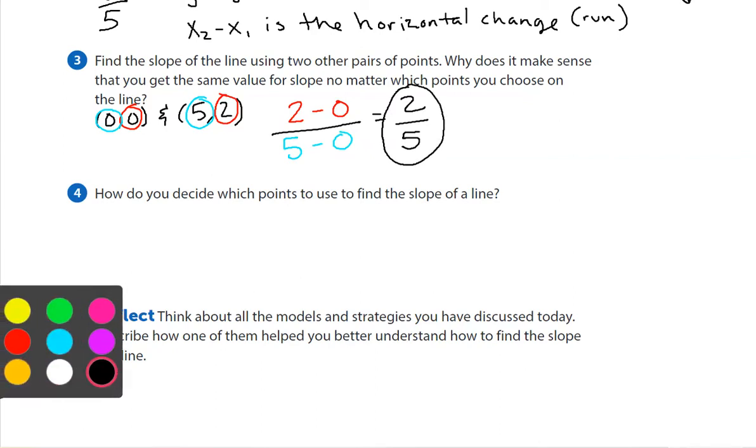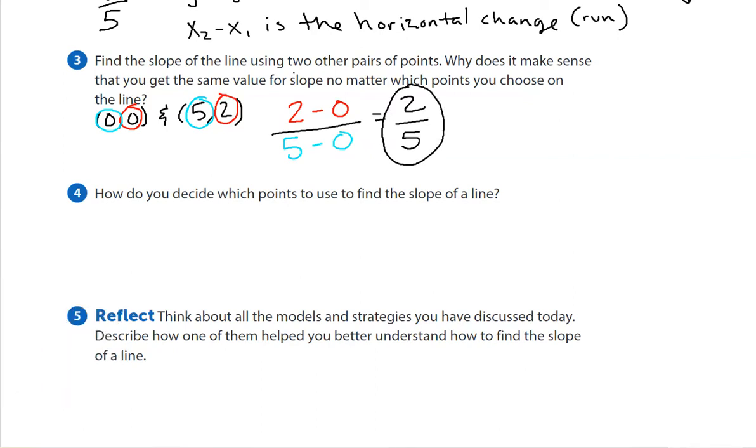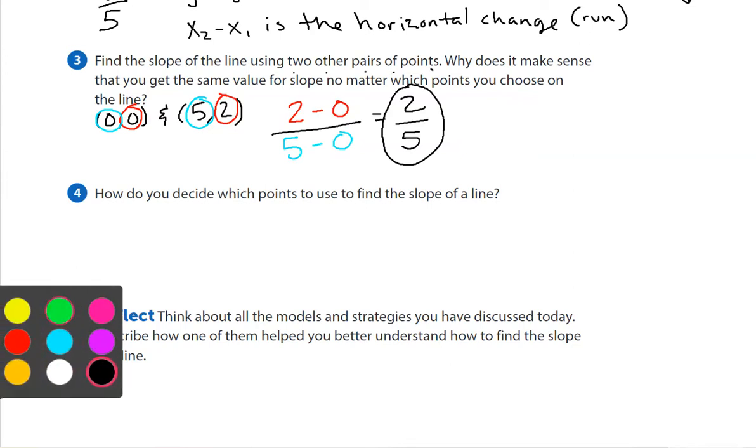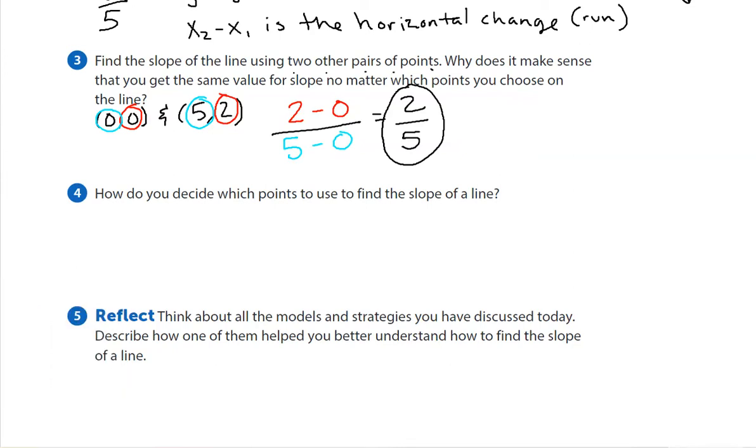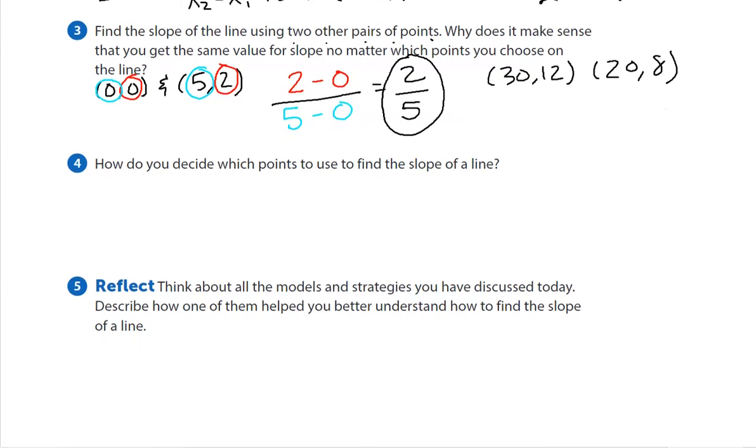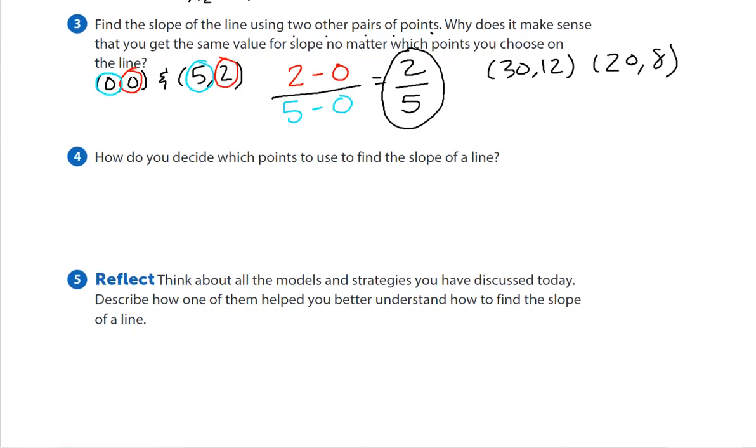Let's try it with 2 more points, because it said 2 other pairs of points. So let's do (30, 12) and (20, 8). Those points are on the line. I got it from the teacher's guide, but whatever.